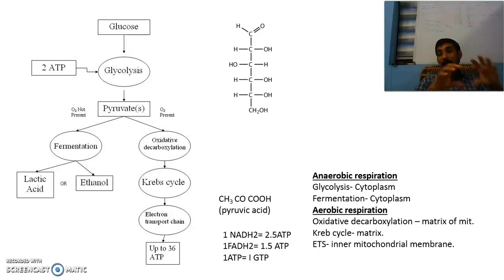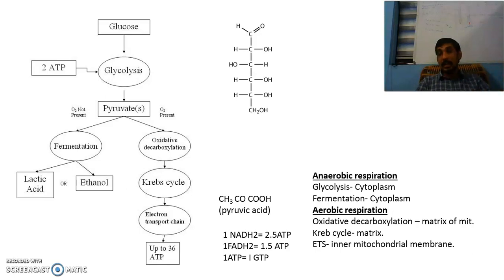So that is about the glycolysis. During that process, 2 molecules of ATP are utilized, whereas we get 9 molecules of ATP. So the net gain of glycolysis is total number of energy gained minus total number of energy utilized.